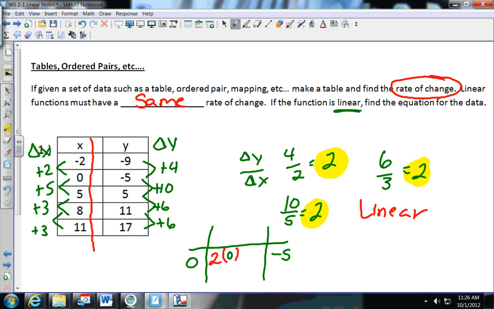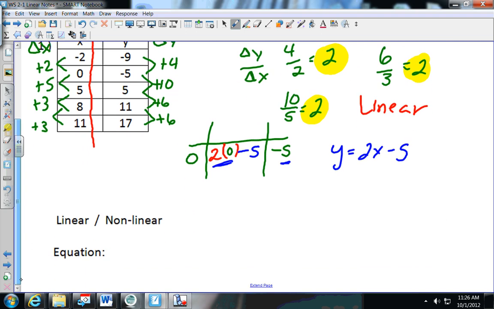What's anything times 0? 0. What do you have to add or subtract to 0 to get to negative 5? Minus 5. So the equation is y equals 2x minus 5. That is linear.